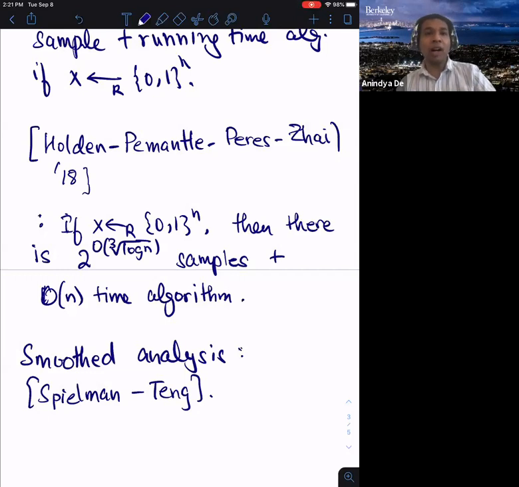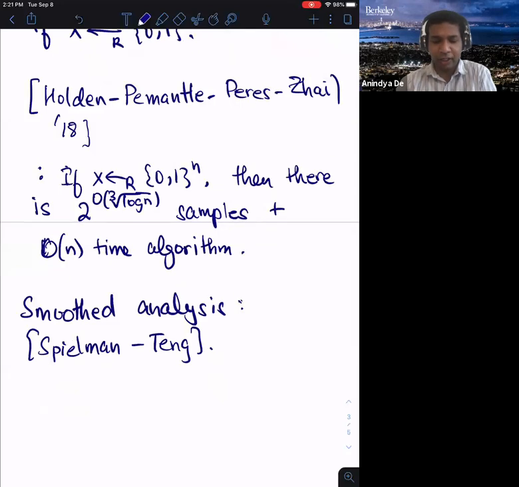Then you ask, how does my algorithm do? What is the complexity of solving the problem on this instance? If I have to make a caricature of it, smoothed analysis is worst case plus perturbation.